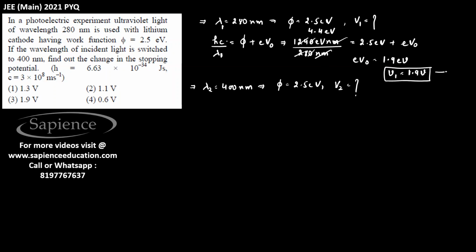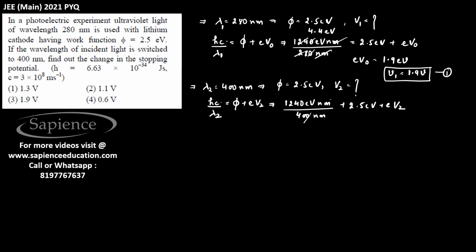That's equation number 1. In the second case, when the wavelength is 400 nanometer, again applying Einstein's equation of photoelectric effect, hc by lambda 2 equals phi plus eV2. We can write hc as 1240 electron volt nanometer divided by the wavelength, 400 nanometer, equals the work function 2.5 electron volt plus eV2.